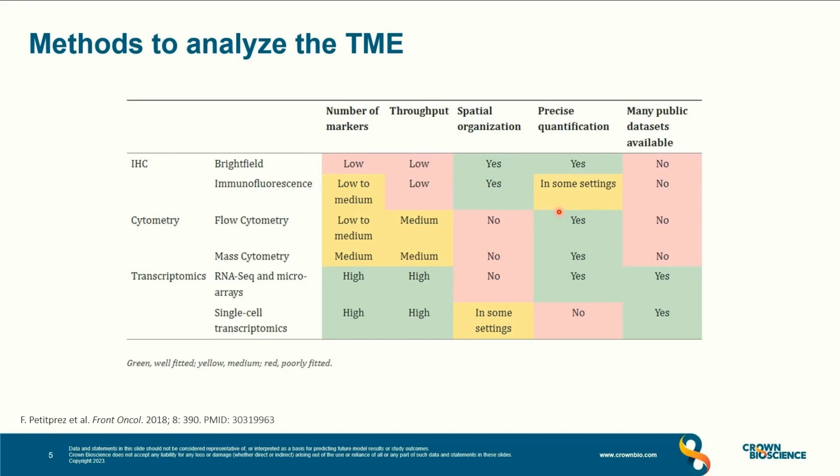Flow and mass cytometry allow higher throughput and a higher number of markers with precise quantification, but lack the spatial architecture of the tumor. Newly emerging techniques such as RNA-seq or single-cell transcriptomics can be valuable alternatives to the classical methods, offering high throughput and in-depth characterization of the TME.